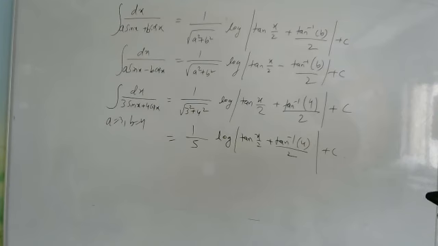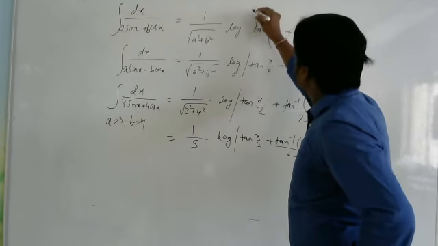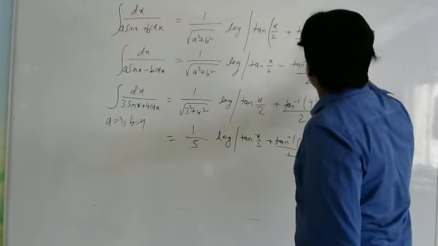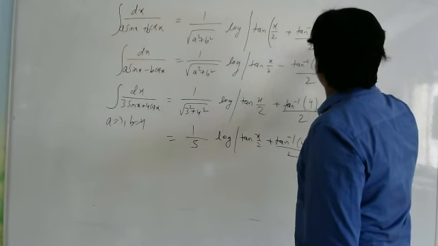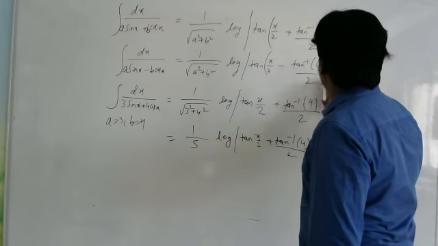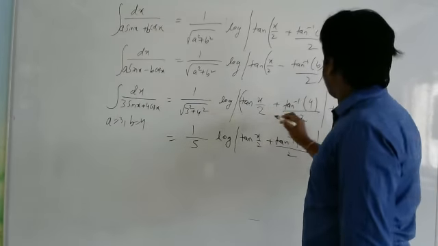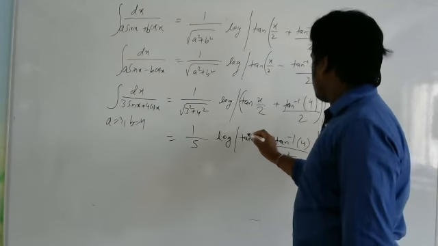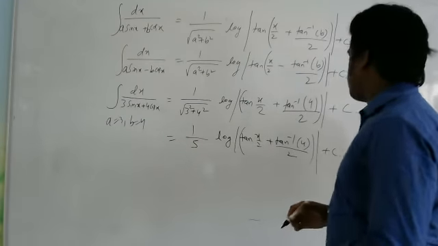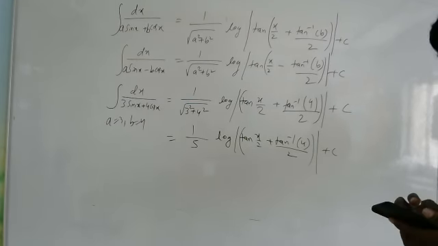Just wait. Actually, the formula is this: log mod tan. You get the bracket and then the modulus here. What is the formula?